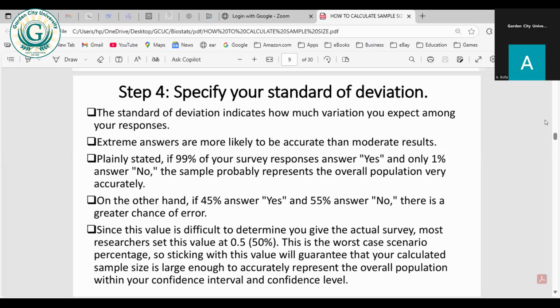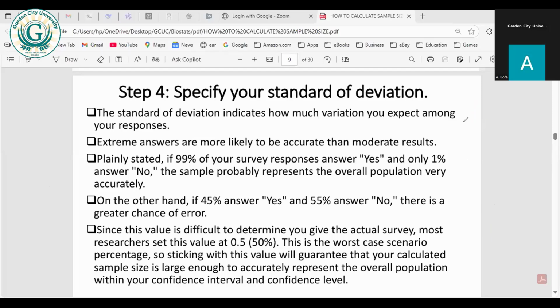The 60 are those experiencing that phenomenon, or those who are interested in biostatistics. Normally we represent those who are experiencing that phenomenon by the letter P, and those who are not experiencing it is always 1 minus P.